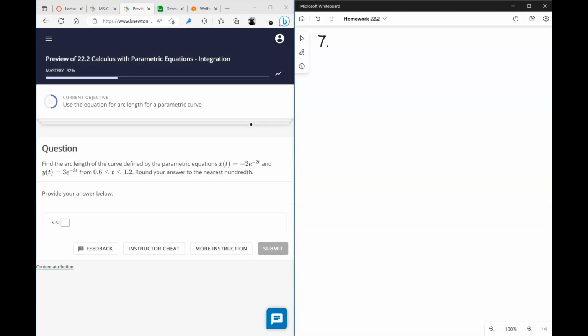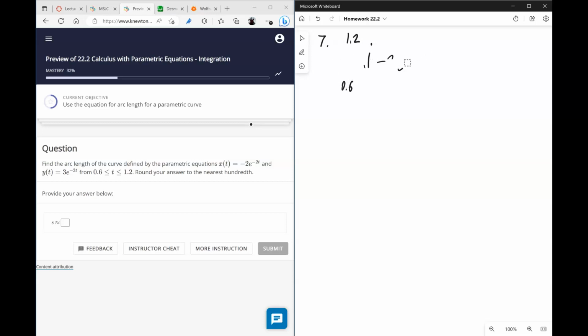To find the arc length, we're going to set up this integral from 0.6 to 1.2 of square root of the derivative of x squared. Let's do it in steps.